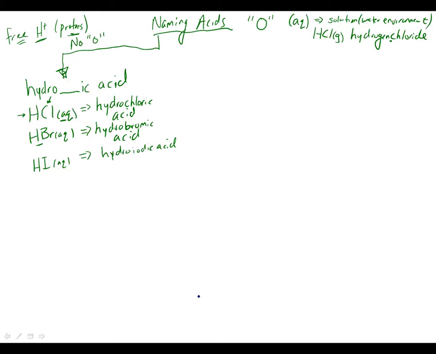Any questions on that? If you're given a name that has hydro in it, it should automatically tell you that you do not have oxygen involved. For example, if you had hydrofluoric acid, as soon as you see that hydro part, you know it has no oxygen. Fluoric is fluorine. Remember that the cation for all acids is H plus.